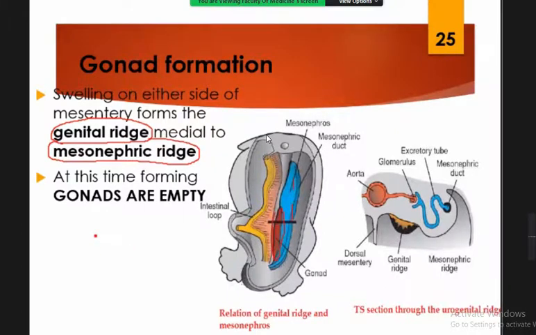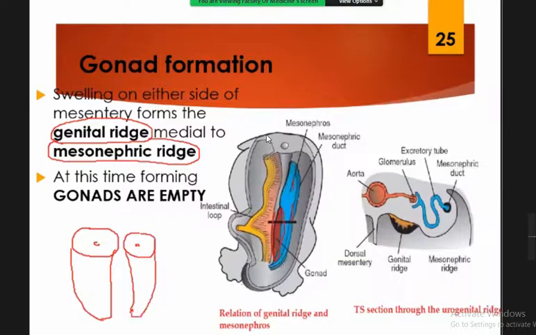It's important to note that even as these ridges are forming, this is the genital ridge. It's going to run along the length of the developing abdomen, meaning embryo. And very important to note that it has an associated duct.